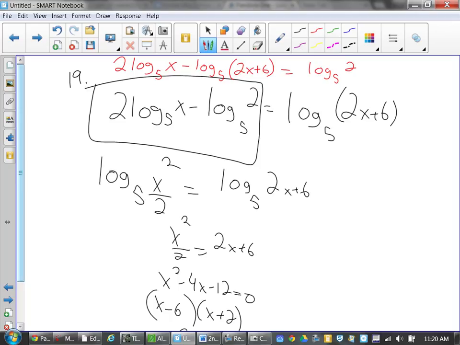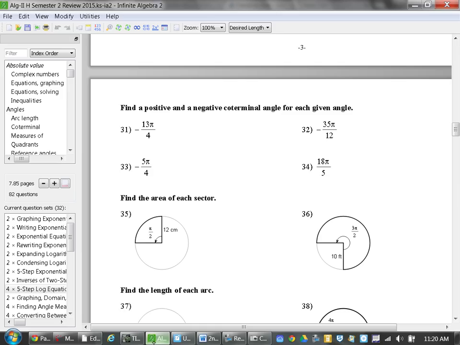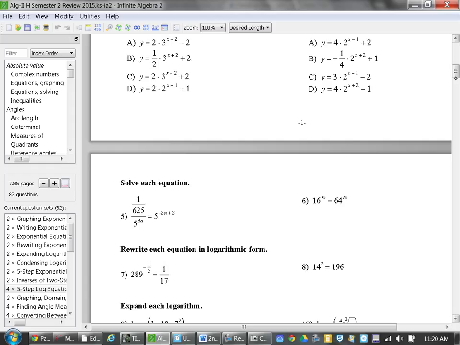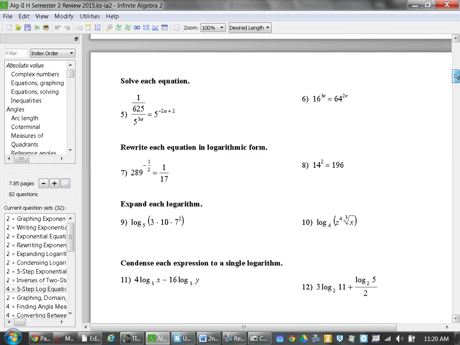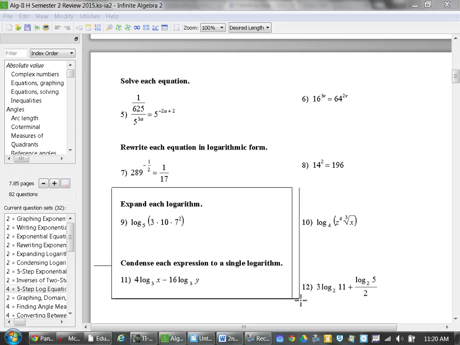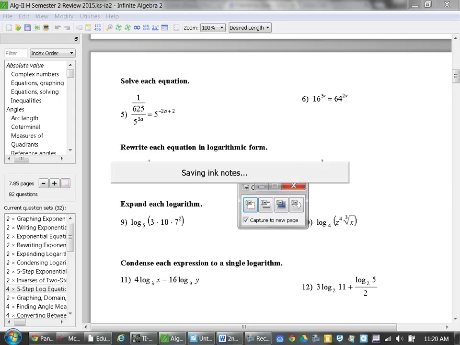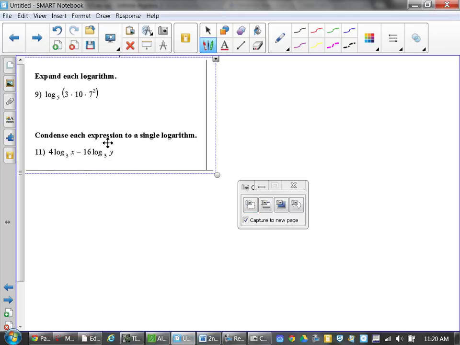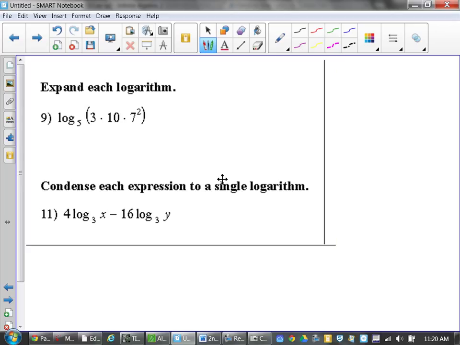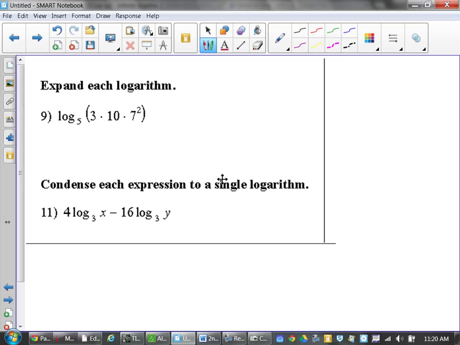Okay. The other one that people have been asking about. It's the same idea when you're expanding and condensing. If it's telling you to expand that into multiple logarithms, you've got 3 terms there, so you should have 3 logs.